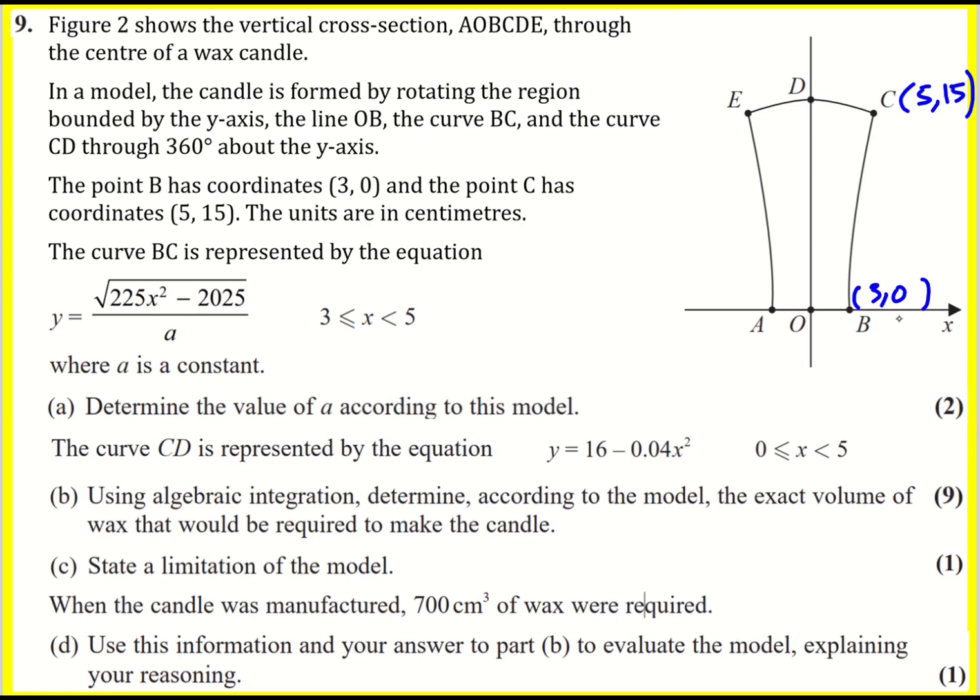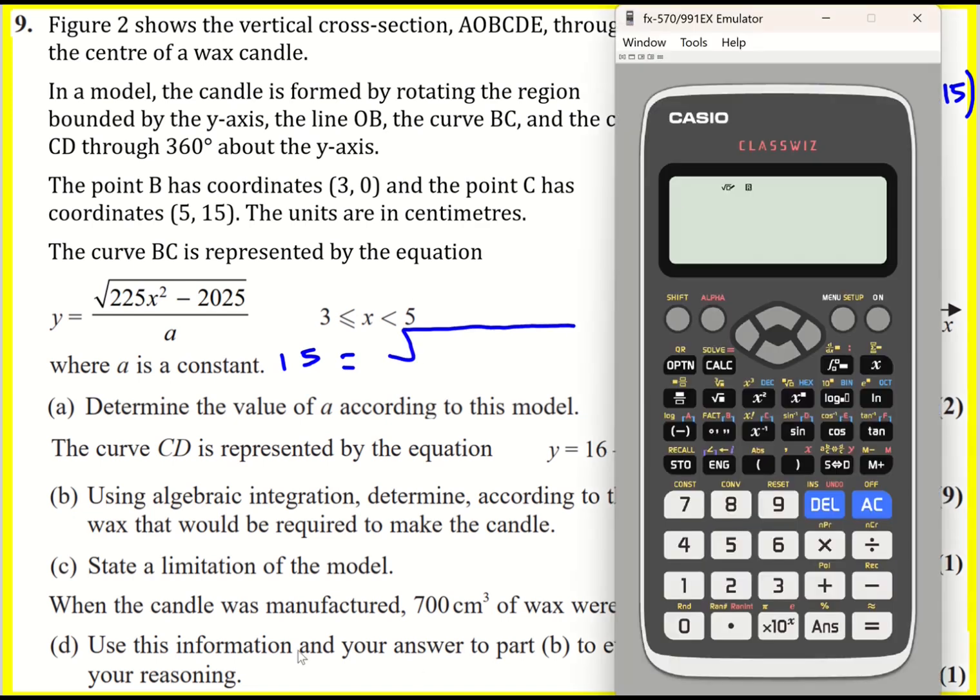So we need to just substitute one of the points that we have to try and find out a. If you sub in 3, 0, you'll actually get this equaling 0, so it's not going to be much use. It's all about the 5, 15. Therefore, I can say that 15 is equal to the square root of 225 times 5 squared minus 2025.